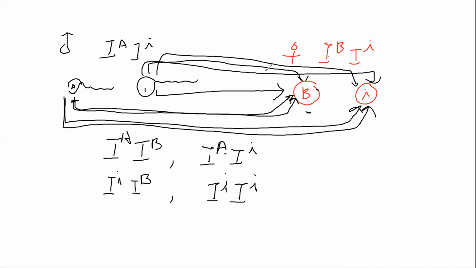Let me use the red for the female side. So that is the 4 possibilities for the children. If you look at this genetic makeup, if you have both A and B antigens presented here, then this is blood type AB.